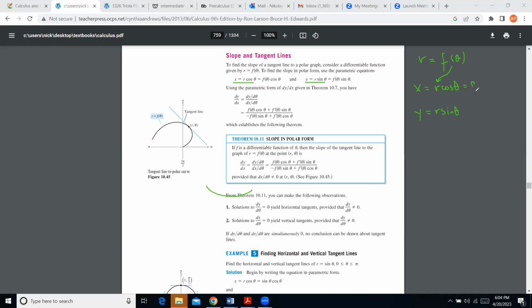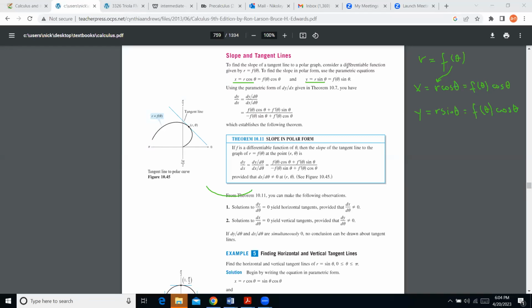So we get f of theta times cosine. Just plug in. And for the other equation, again r is replaced with f of theta times sine. And we can see that this turns into a pair of parametric equations with parameter theta.